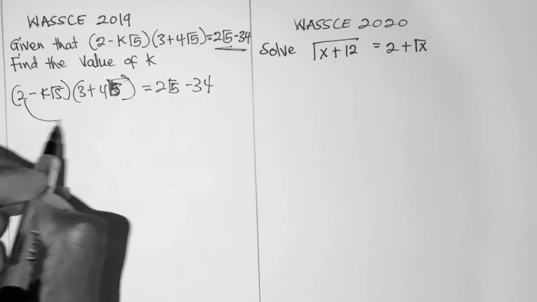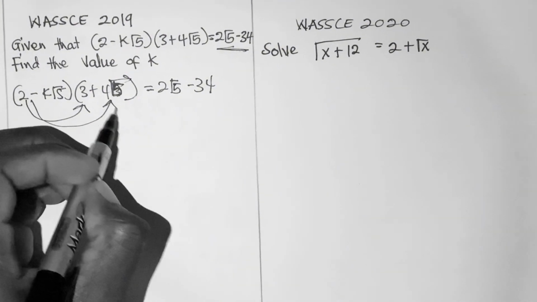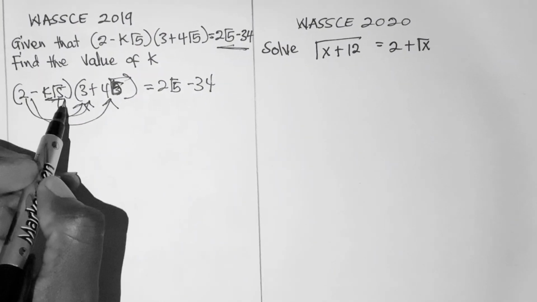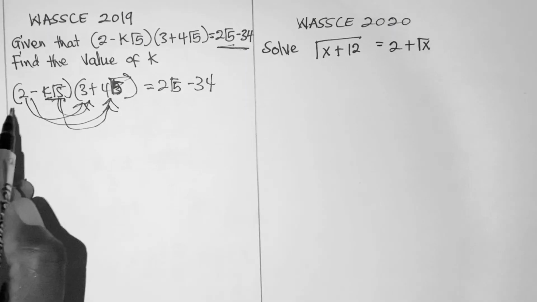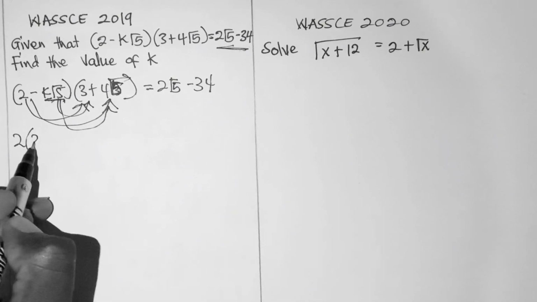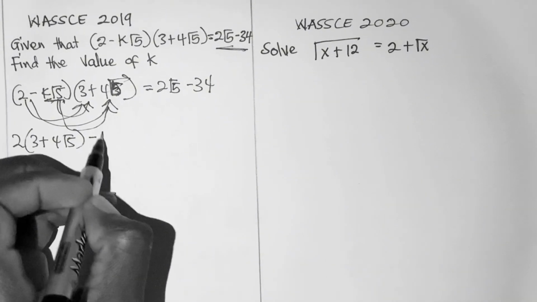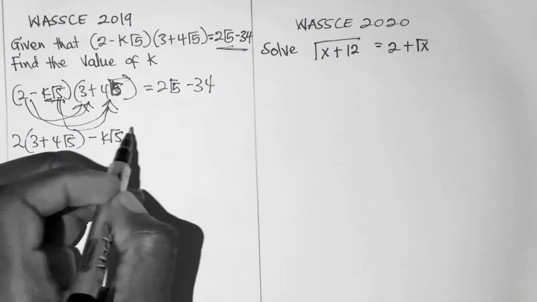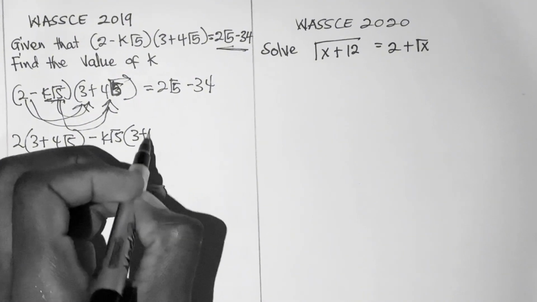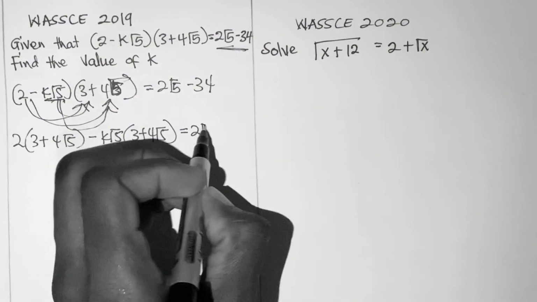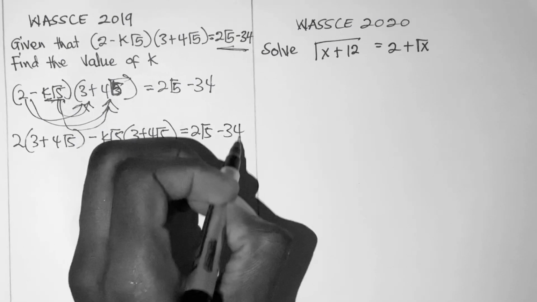So you take 2 and you distribute it. Then after, you take this minus k root 5 and you distribute it. So this becomes 2 times (3 plus 4 root 5), then minus k root 5 times (3 plus 4 root 5), and this is equal to 2 root 5 minus 34.